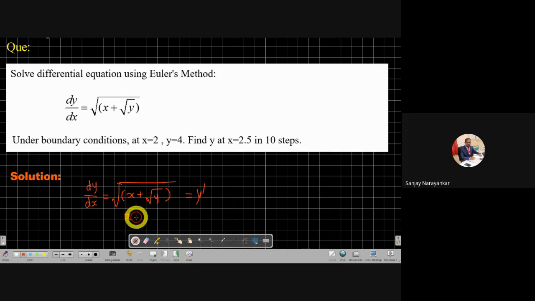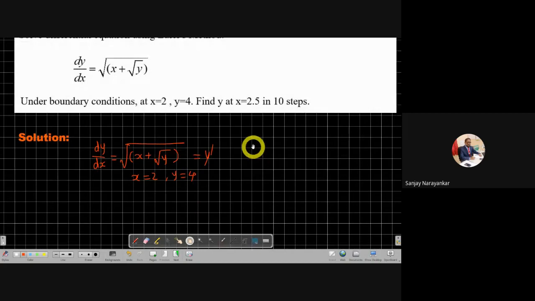Initial value: x is equal to 2, the value of y is given as 4, and they are asking us to find out the value of y at x is equal to 2.5, and we have to use 10 steps. You have to divide the step size. So you have xn is equal to 2.5, x0 is equal to 2, and n is equal to 10.